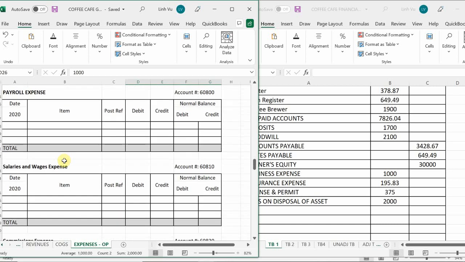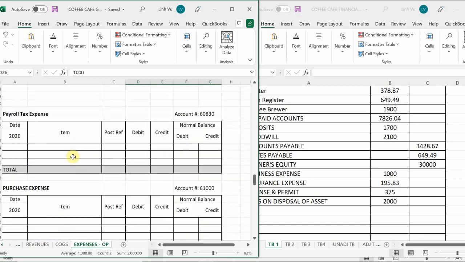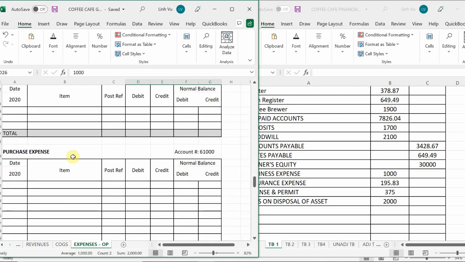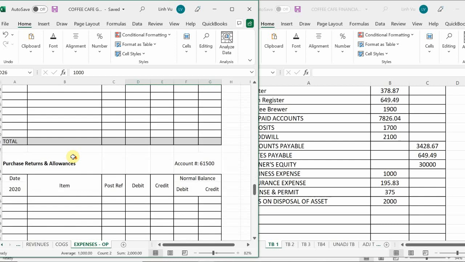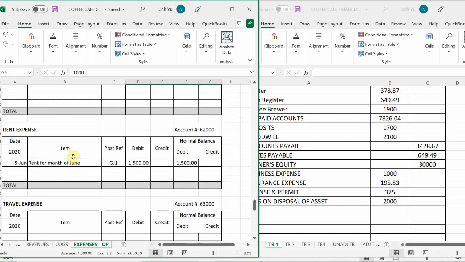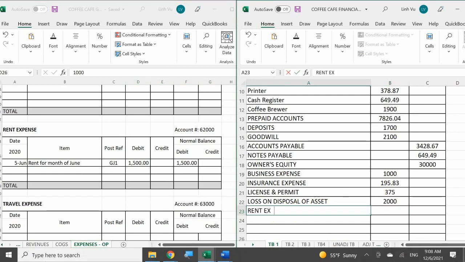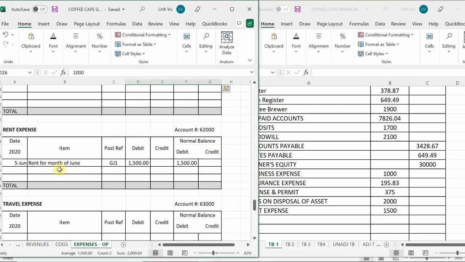Purchase expense. Well, I haven't bought inventory yet, so this whole section is not going to be necessary. Then I have purchase discounts. Okay. Don't have any employees, so no payroll expenses. Okay. Last but not least, rent expense. Yes, for the month of June, it's gonna cost me $1,500.